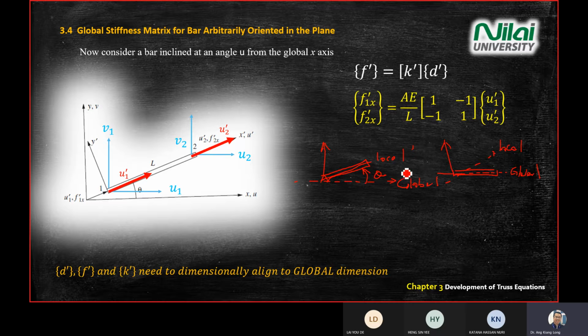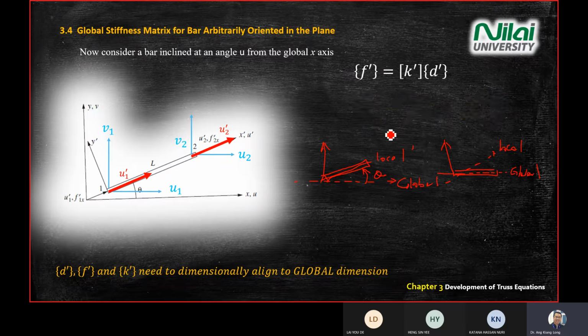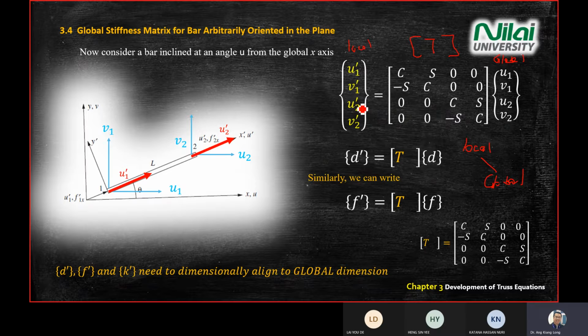So again, don't confuse these two. As long as you know the structure of the equation, when you do conversion, just recall, use everything in a general term here, and then only focus: left-hand side is the local, right-hand side is the global.